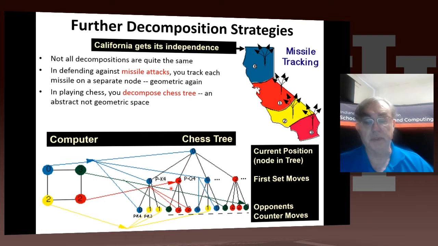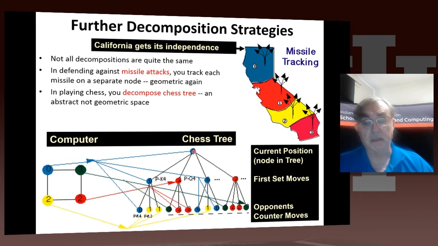Another example, which has been implemented many times, especially a few years ago when computer chess was very popular. It's now no longer so popular because computers are just simply too good, and they will beat any human chess player easily. But in the case of computer chess, the way computers play chess is a very brute force method.